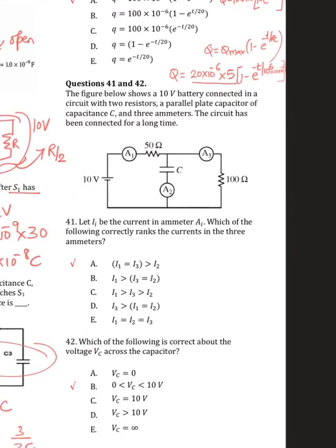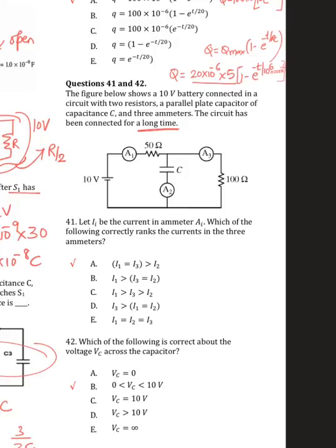Figure below shows a 10 volt battery connected in a circuit with 2 resistors, a parallel plate capacitor, and 3 ammeters. It has been connected for a long time. Which of the following correctly ranks the current in the 3 ammeters? Long time. What's the meaning of long time?